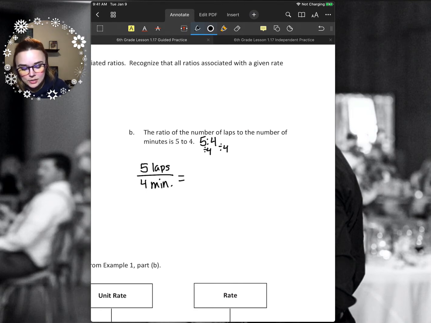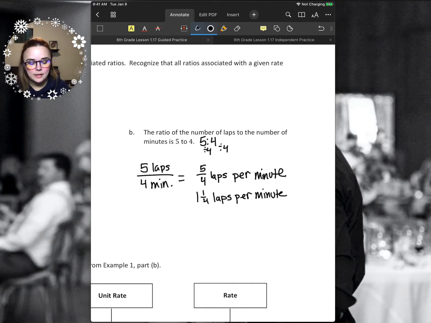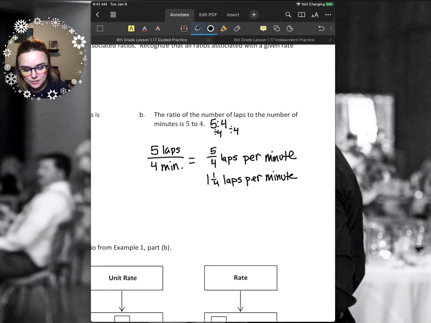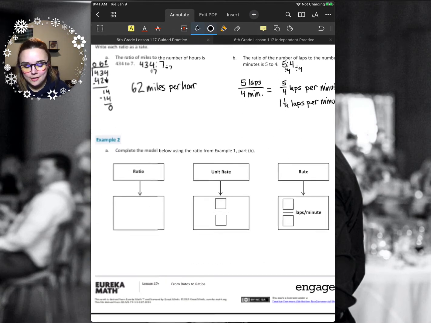So this is going to equal 5/4 laps per minute. You could also say 1 1/4 laps per minute. So this is a little bit of review of what we talked about yesterday with rates. Let's take a look at our next part.